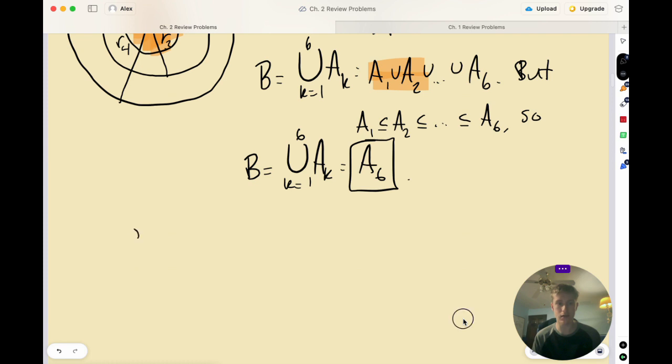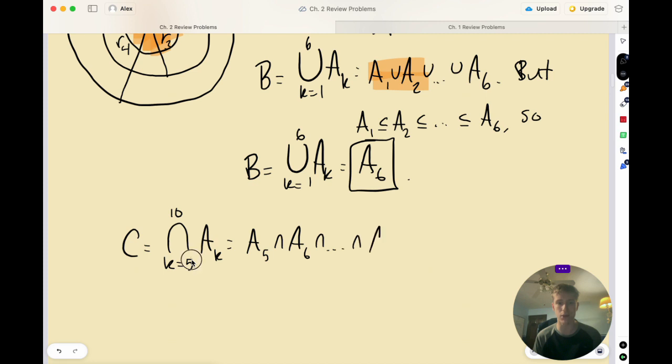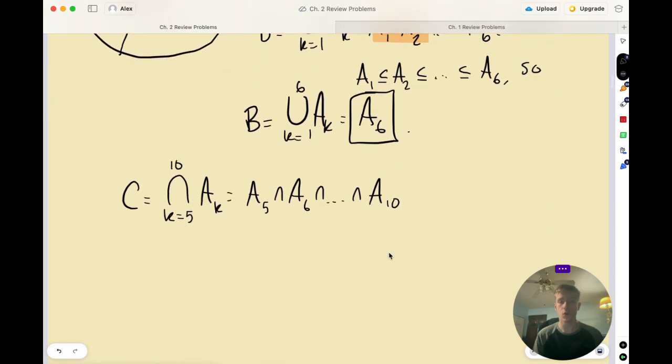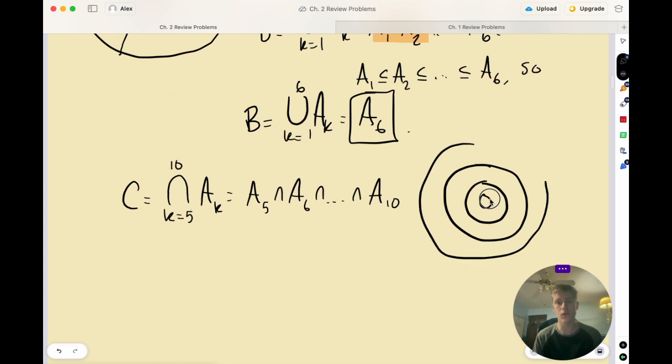Now C was the intersection when k equaled 5 to 10 of the A sub k's. So that's A5 and A6 and A7 all the way up to A sub 10. So what does that mean? Well, again, I'll draw a little small picture, and I'm going to make this up, of course.